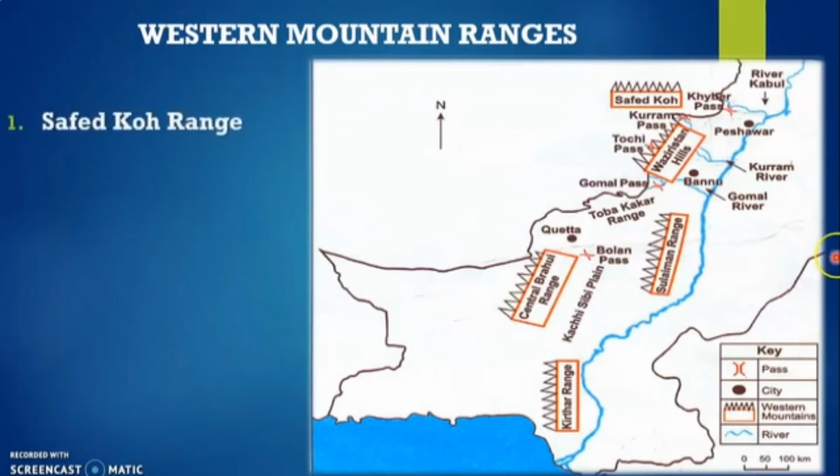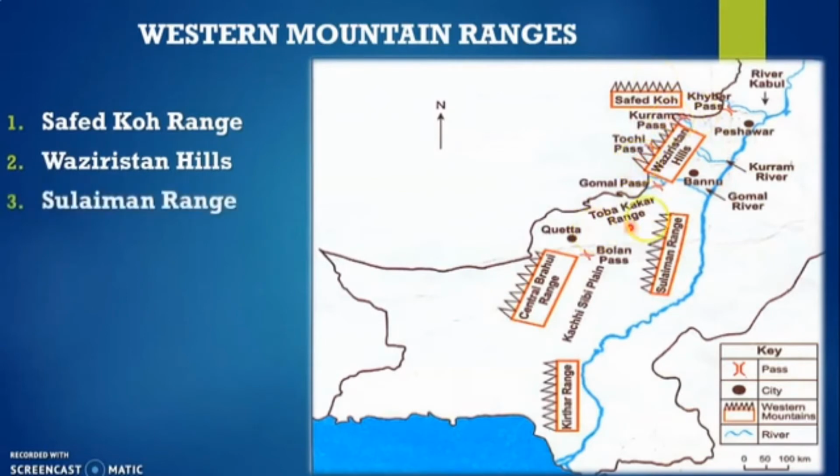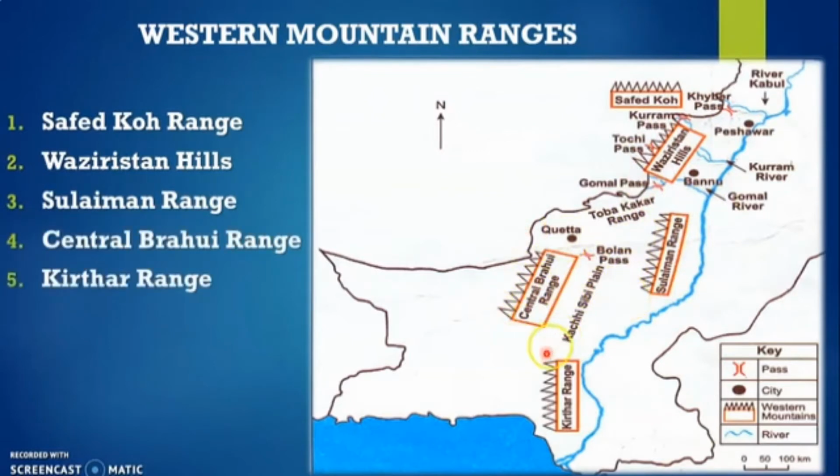Number one, Safed Koh, that is the location of Safed Koh we have over here. Number two, Waziristan Hills, you can see the highlighted areas over here in the boxes. Number three, Suleiman Range, this is something you need to locate. Number four, Central Brahui Range, and number five is the Kirthar Range, and that is on the western side of the Indus. You could see that is Indus, and all these are basically the western mountain ranges of Pakistan.